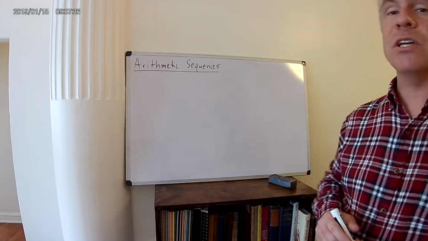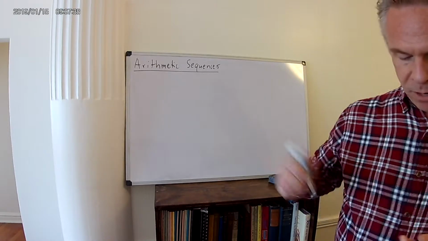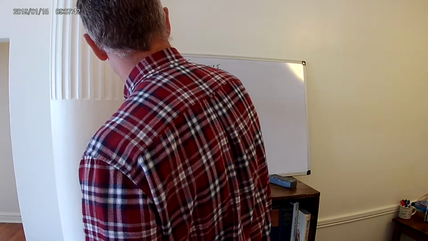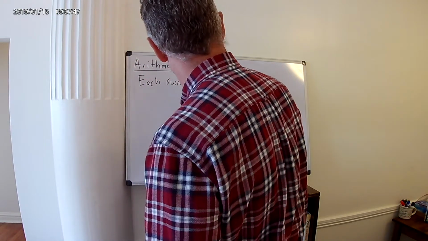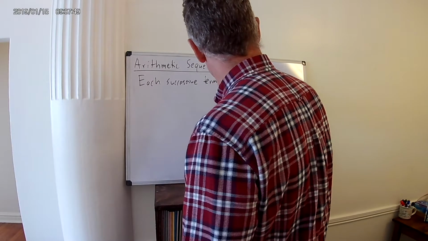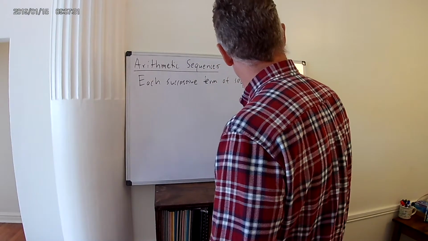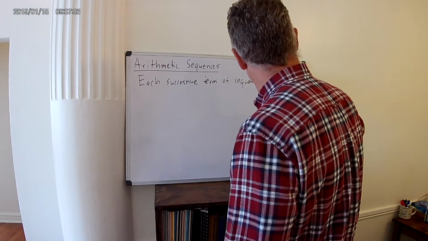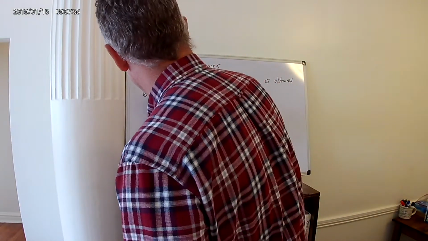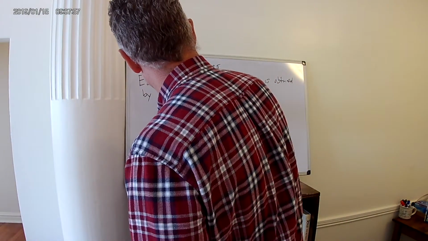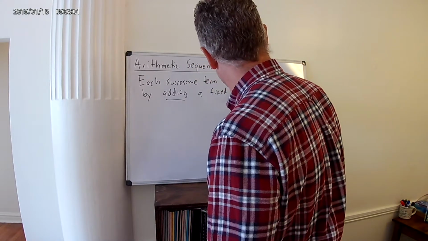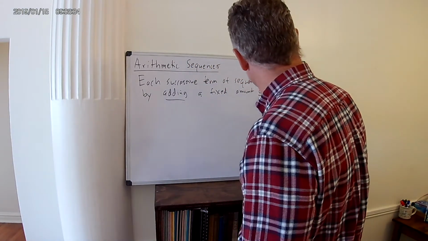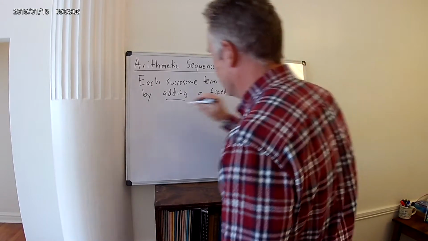Okay, an arithmetic sequence is a particular type of sequence in which each successive term of our sequence is obtained by adding a fixed amount d to the previous term.